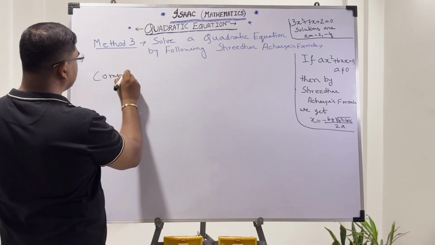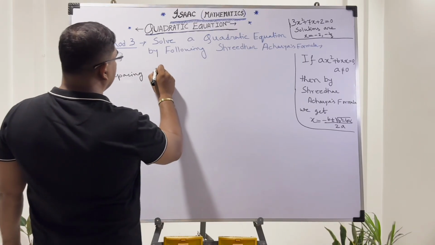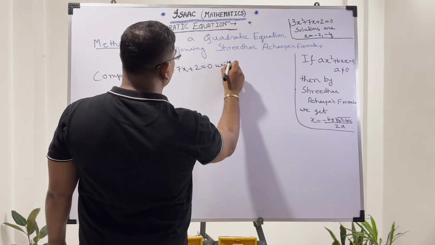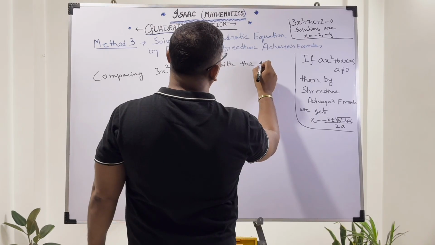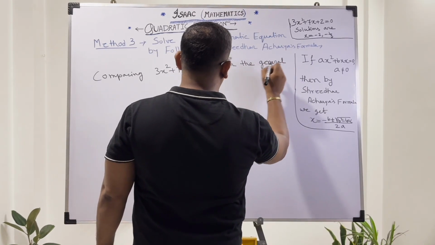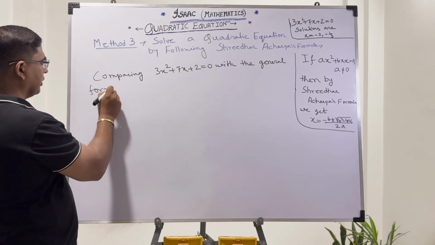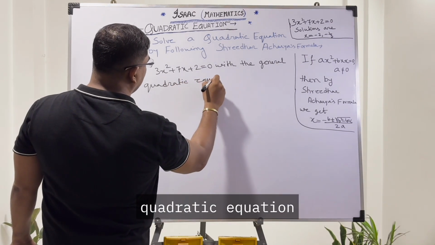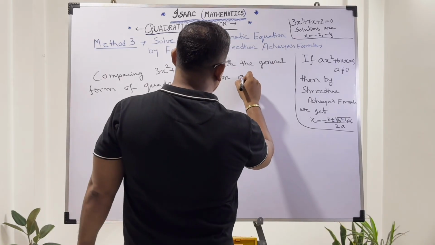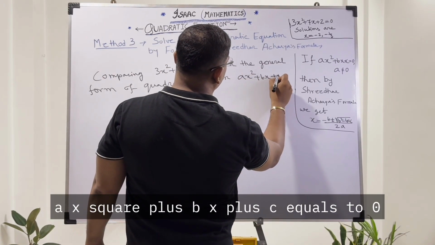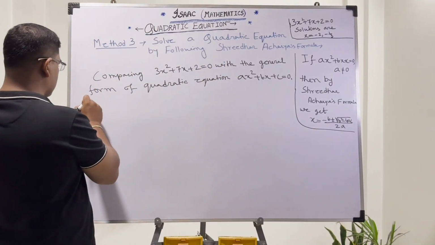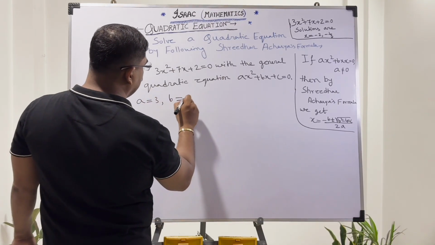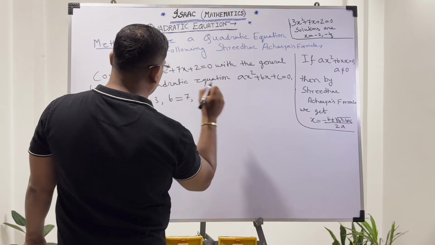Comparing 3x squared plus 7x plus 2 equals to 0 with the general form of quadratic equation ax squared plus bx plus c equals to 0, we get a equals to 3, b equals to 7, c equals to 2.